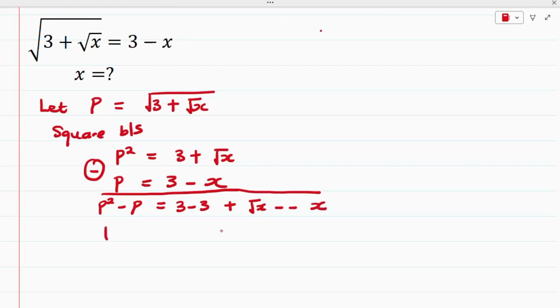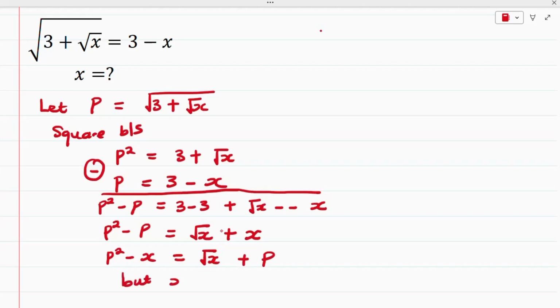From here, 3 minus 3 is 0, so we have the root of x, and minus times minus is plus, so plus x. The next thing we want to do is rearrange this equation. So we have p squared minus x is equal to the root of x plus p.